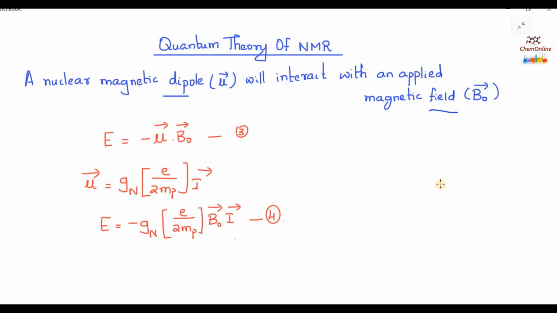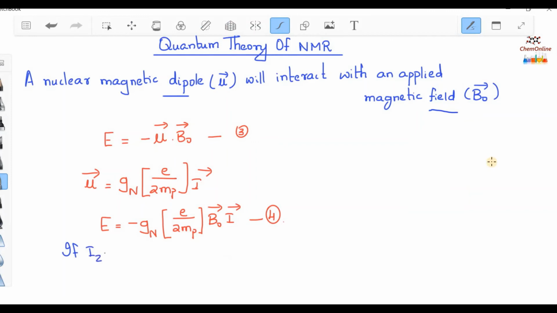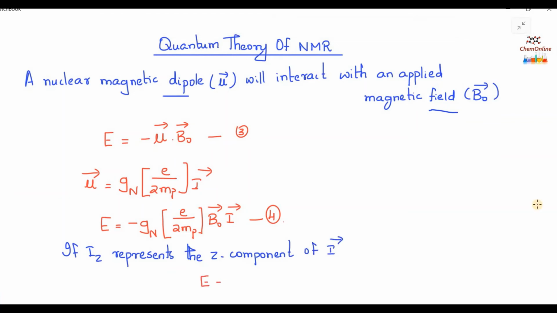Now if we consider only one particular component of the spin angular momentum, for example the Z component, so if Iz represents the Z component of vector I, equation 4 can be written as E equals minus Gn e by 2mp into B0 into Iz.